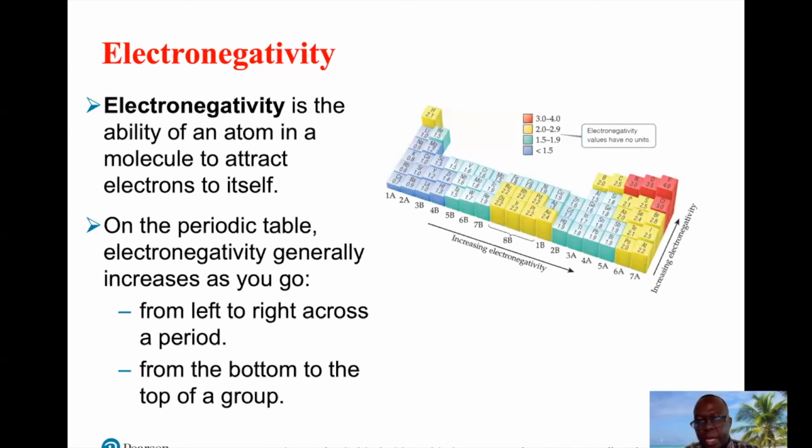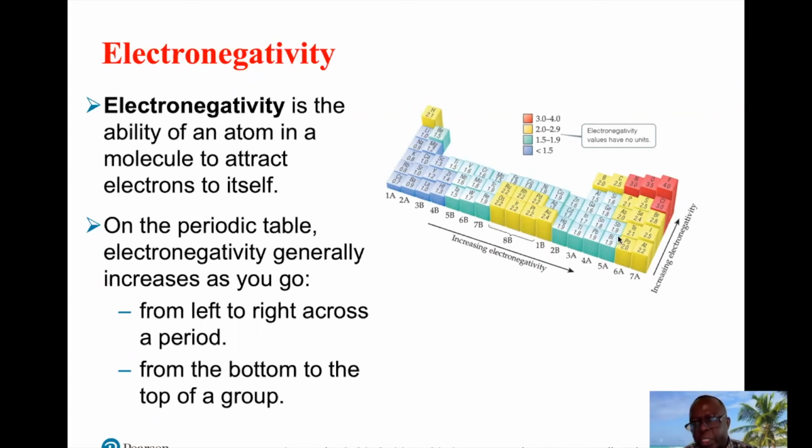And of course, there are other factors which play a role here, in terms of whether it is a metal or a non-metal. For electronegativity values, we are looking at covalent compounds, which are non-metals, which will lie here, except maybe for hydrogen once in a while.